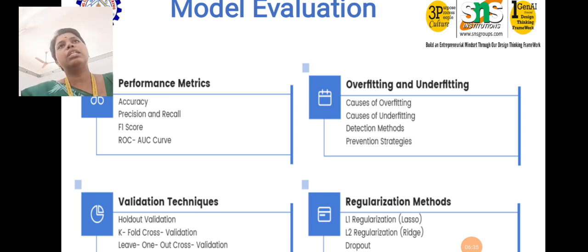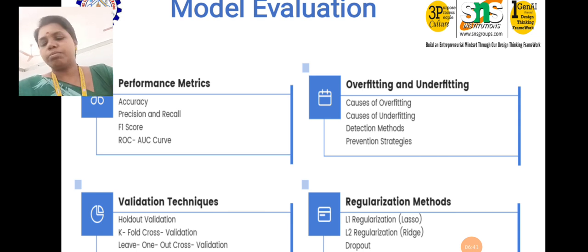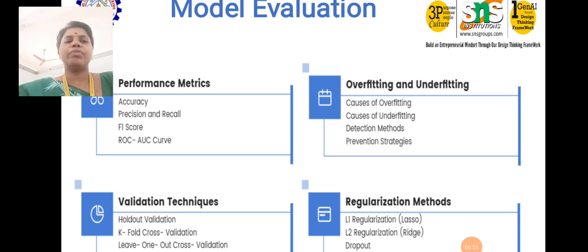We may have the classification methods like PCA, probabilistic PCA methods, all those things in overfitting and underfitting. Likewise, the prevention strategy: if we find it, how are we going to prevent it? We all know the proverb that prevention is better than cure.